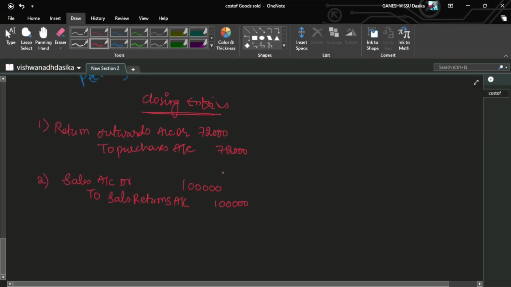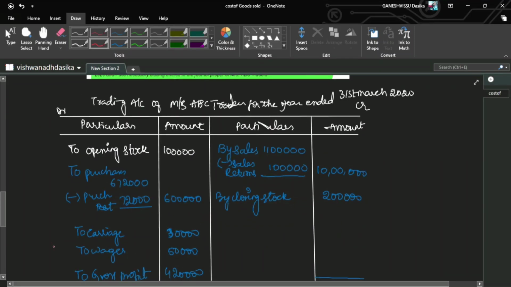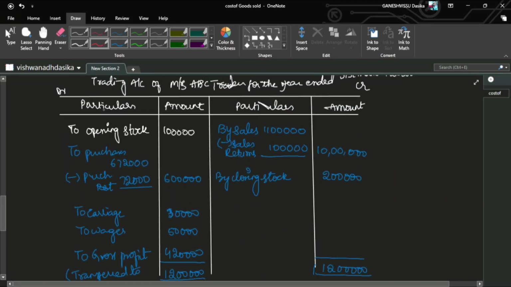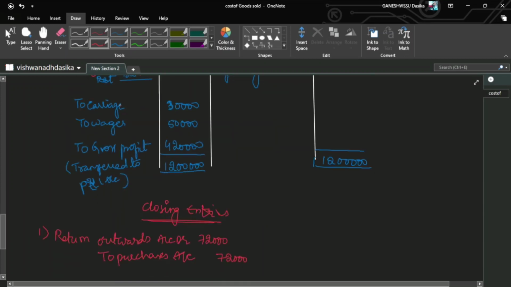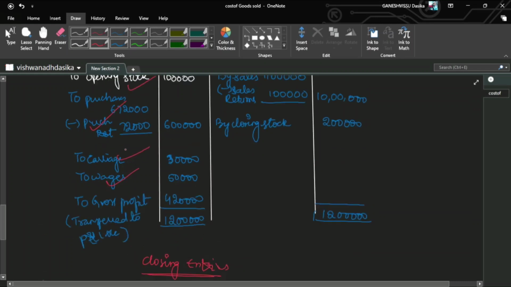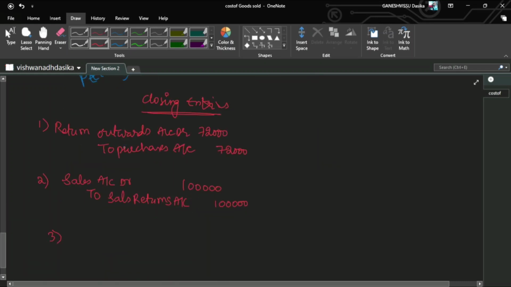So the third entry would be for what? We have debited opening stock, purchases, carriage, wages to trading account, we have debited that one.